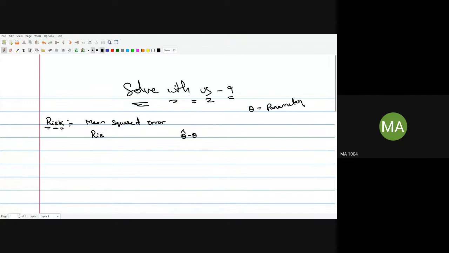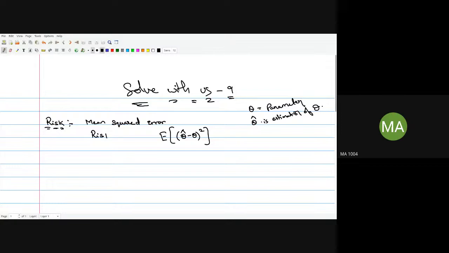Am I audible? Okay. So theta is the parameter, and let theta hat be an estimator of theta. So mean square error, squared error: error is basically the difference between these two, the estimator and the parameter, and then we square it, and the mean is basically the expected value of this.